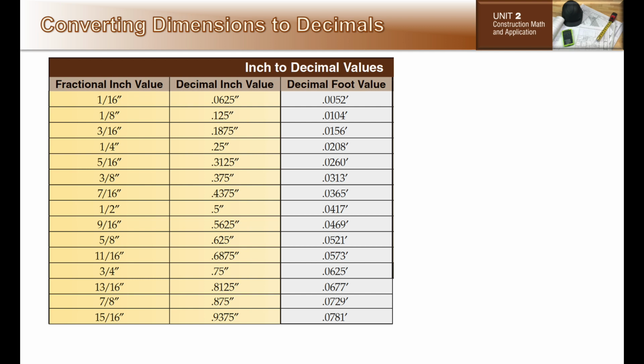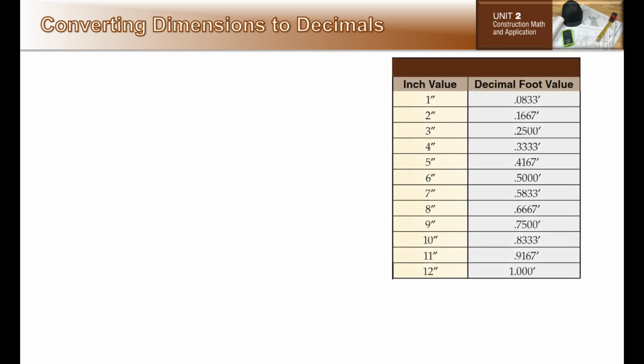Note, you cannot add decimal feet and decimal inches together without first converting to decimal feet. Converting inches to decimal feet is done by dividing the inch value by 12.